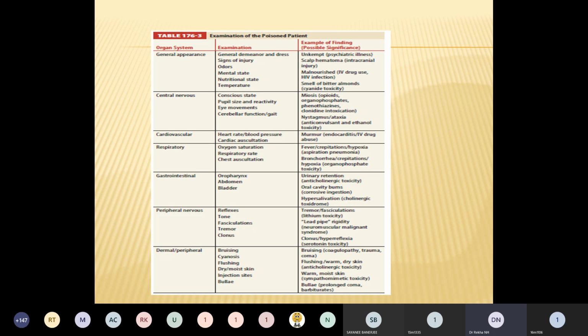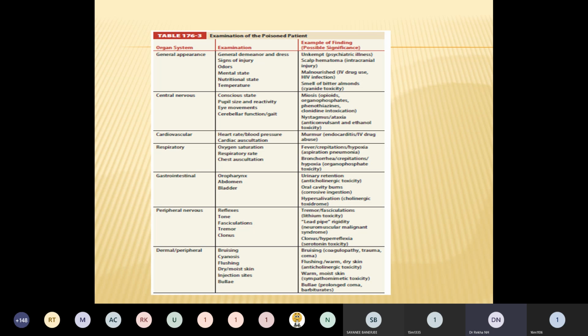Respiratory: we check oxygen saturation, respiratory rate and chest auscultation. Low oxygen saturation and shallow breathing can occur in organophosphorus poisoning, along with bronchorrhea or crepitations. These patients can easily develop aspiration pneumonia.